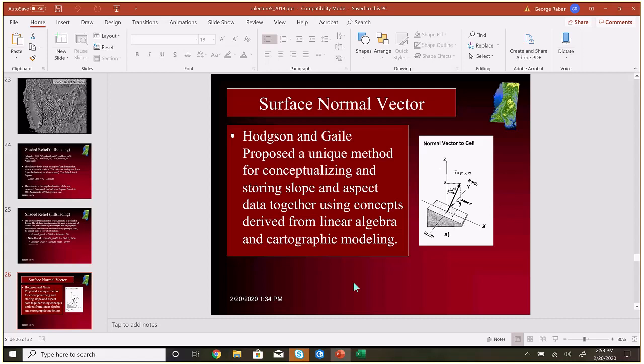The end point of the vector would be 1, 0, 0: x would be 1, y would be 0, and z would be 0. Same thing if it was pointing north: it would be 0, 1, 0, because x would be 0, y would be 1, z would be 0.